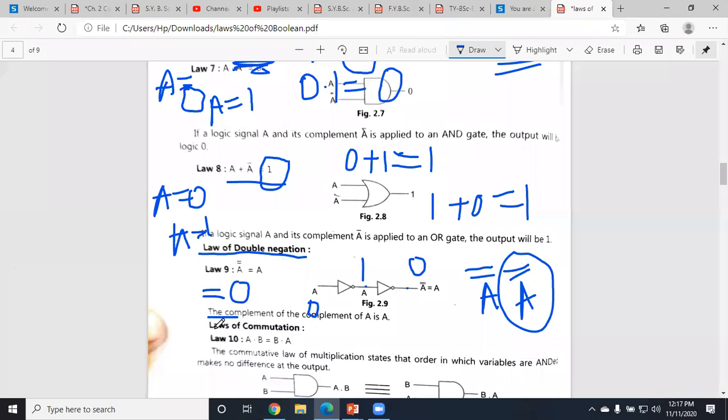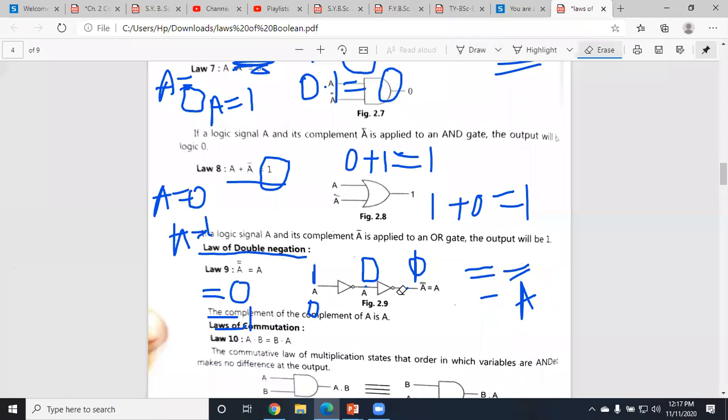Now consider A is equal to 1. The output at this point will be 0, and if there is a 0, the output will be 1. So as you can see, whatever input we provide, we get the same output. So double complement or double negation gives back the original variable.